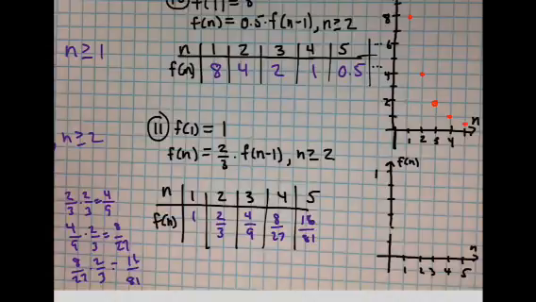So 2/3 would be 0.67. 4/9 is 0.44. 8/27, 0.30, and 16 divided by 81 is 0.20, because I'm just keeping two decimal places.